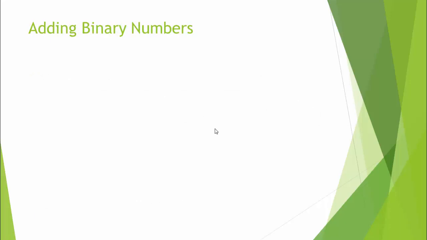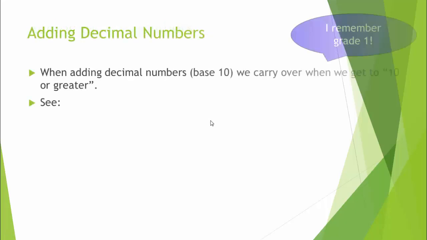Okay, adding binary numbers. Remember that numbers are interesting on their own to store, but we often want to process them in some way. We're going to illustrate addition of binary numbers now.